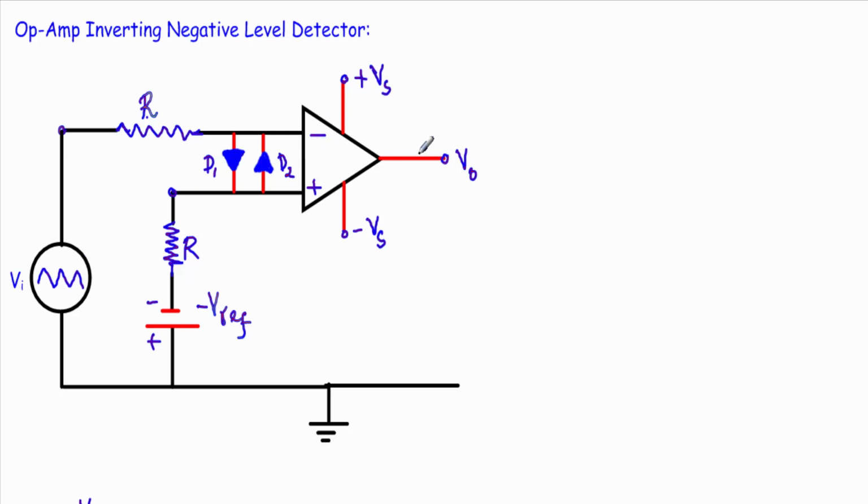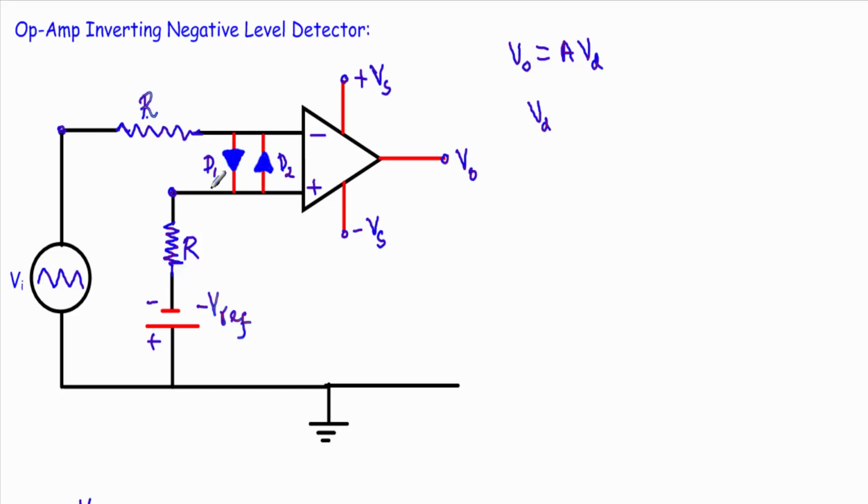See, there is no direct connection between the output and either of the input terminals. So this is an open loop operational amplifier, in which case I can write output voltage VO equals open loop gain A times the input voltage difference VD. VD is the voltage difference between the non-inverting and the inverting terminal. So what is this VD?